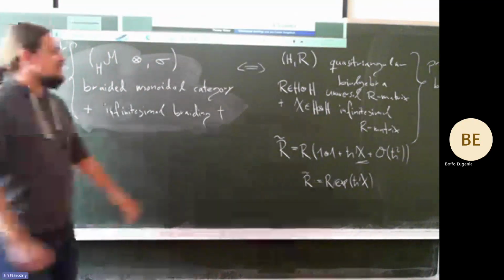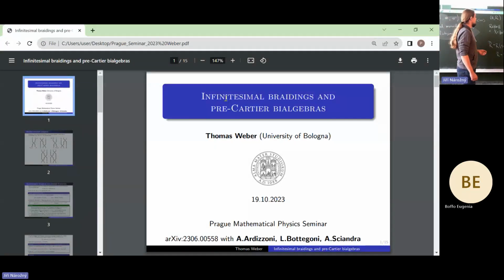So I mean, this will be part of the slide, but I can say it here. If you start from this side, you can, by definition, say that your braiding will be given by just flipping and multiplying with R. So this will be something like R acting on M tensor N, and so this gives you a braiding.